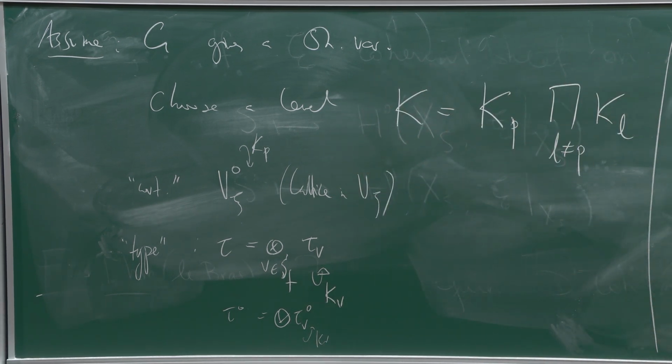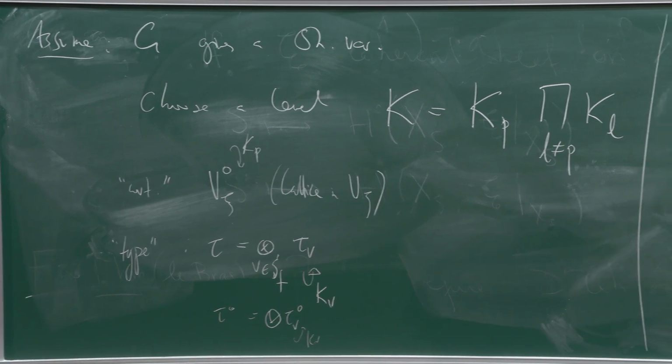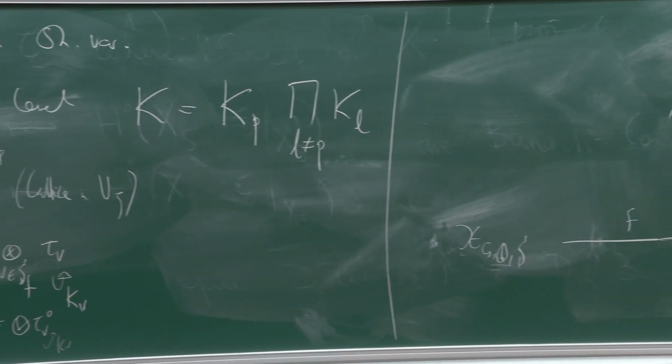So using that, we can draw a big diagram with all this data. So first of all, we have our global stack. And then we can restrict our global Galois representations to local ones.